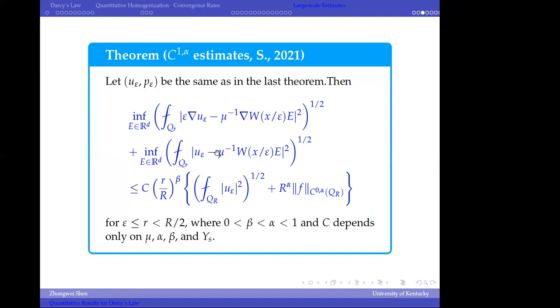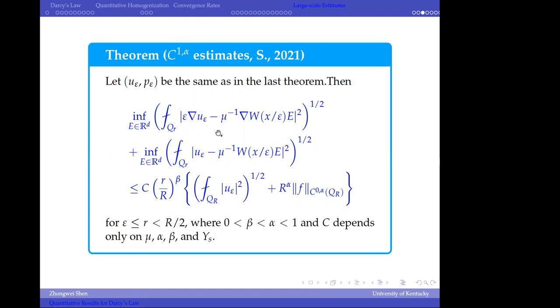So E here is a vector in R^d, and u epsilon minus the corrector, which is a matrix acting on the vector E, gives you a decay if r is less than capital R. So r here again is between epsilon and R over 2, and this is the same term as in the previous theorem.